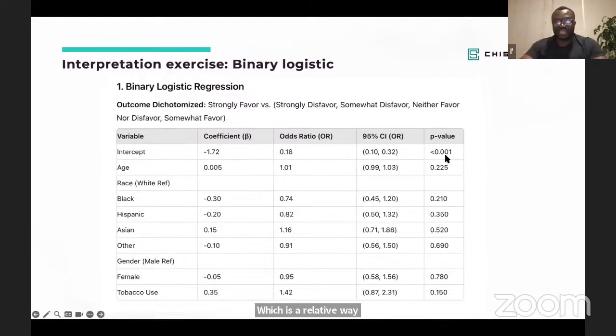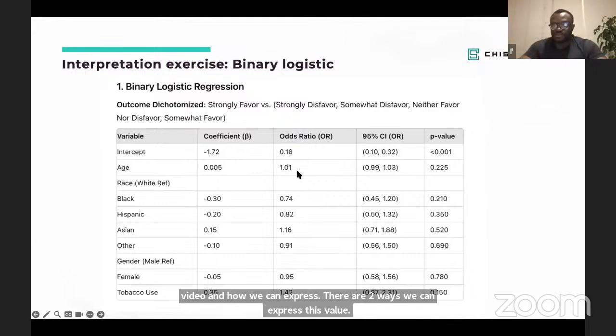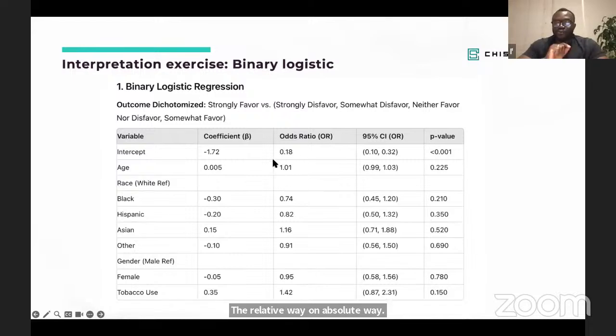Remember, we said you can take this value, subtract 1 from it, and multiply by 100. For those of you who were not in our first session, third class, please, you can go and watch the video on how we can express. But we said there are 2 ways we can express this value: a relative way or an absolute way. We can call this the exact way it is, 1.01, or we can say a 1% higher odds.